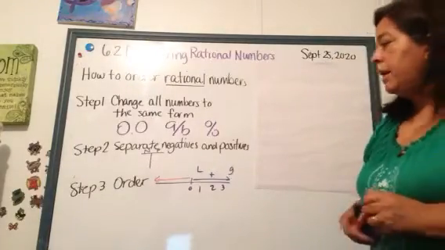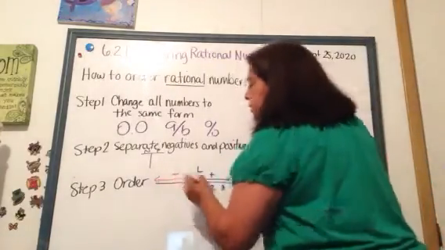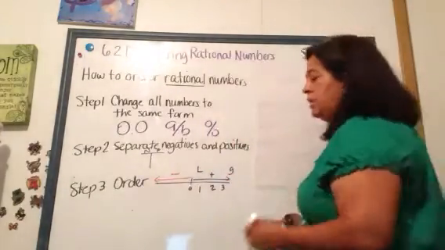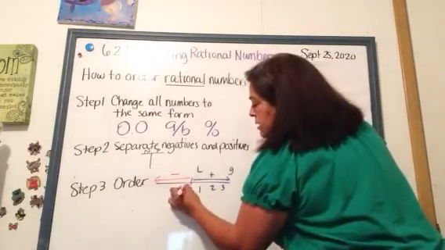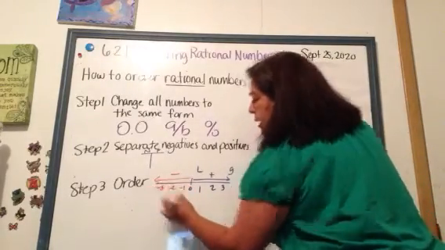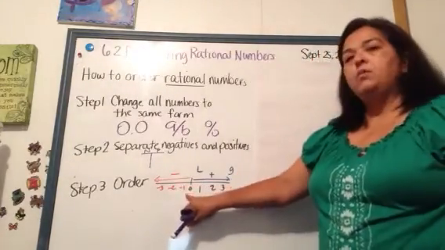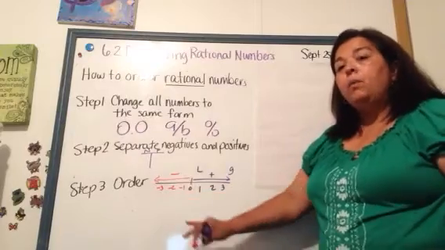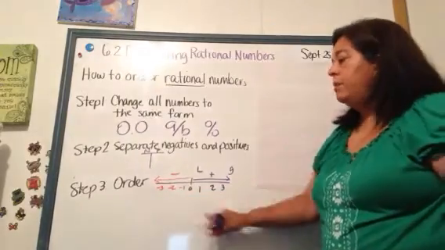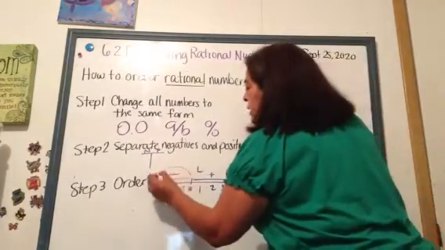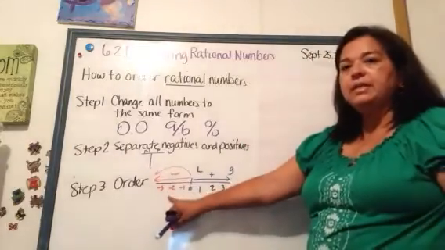However, when we talk about negative numbers, it's a little bit more challenging because you are used to thinking, when we write these backwards, it's -1, -2, -3, that 3 is greater than 1. However, when we're talking about negative numbers, remember, the further away from 0 it is, the smaller it's getting.